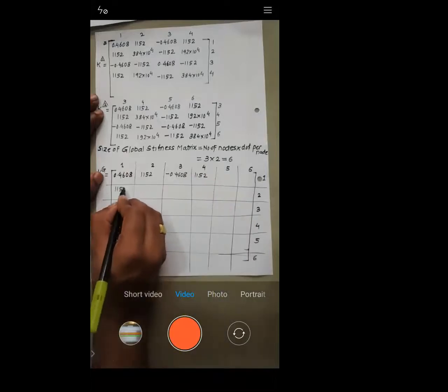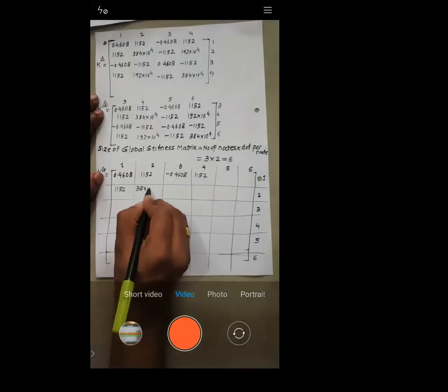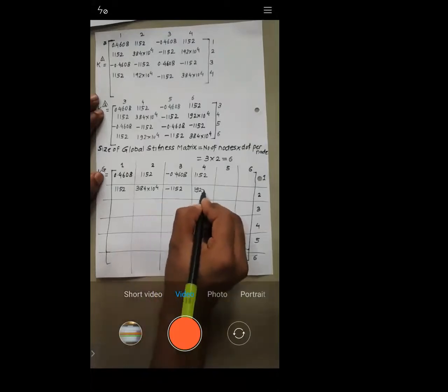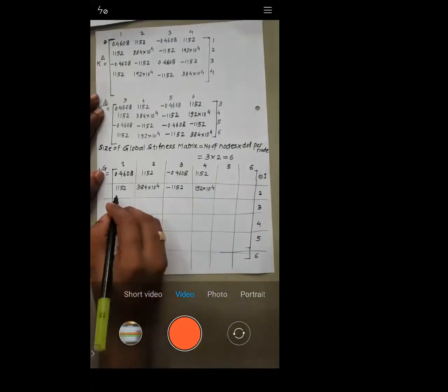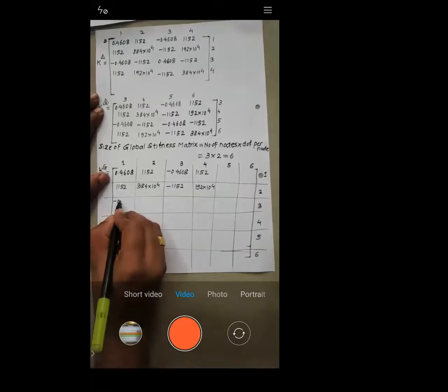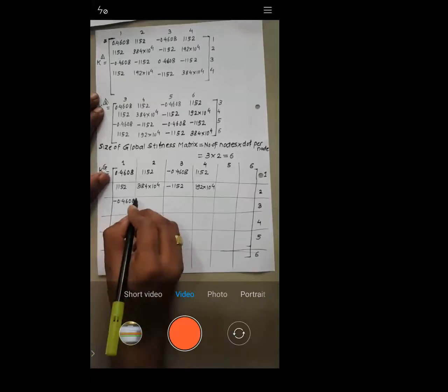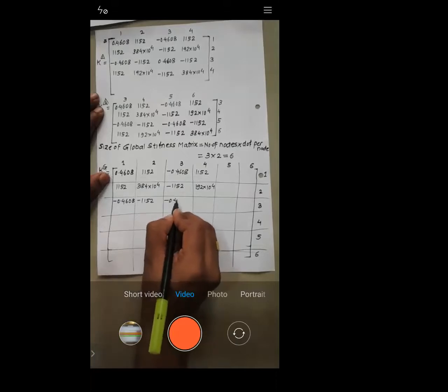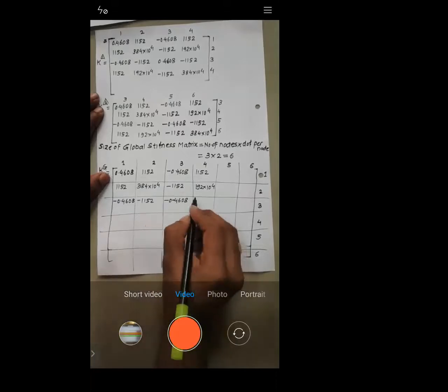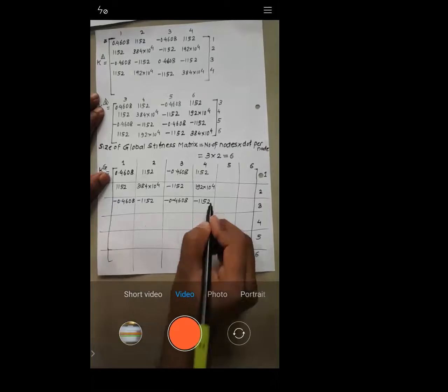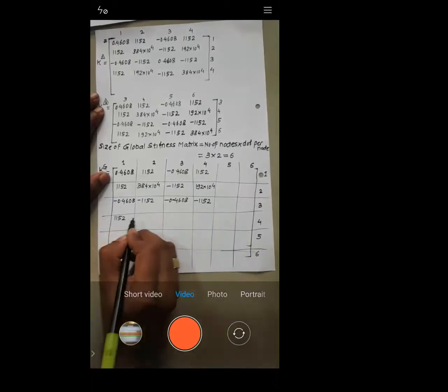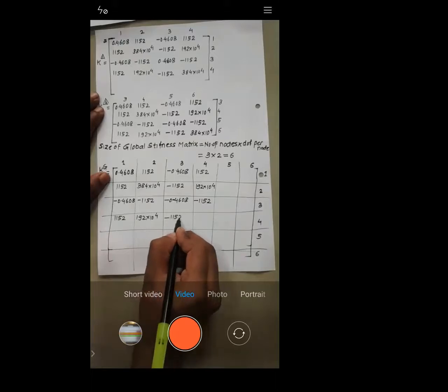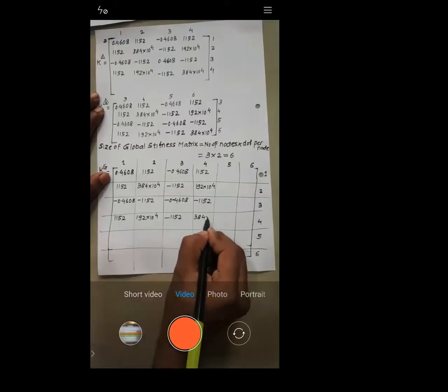Again here 1152, 384 into 10 raised to power 4, minus 1152, 192 into 10 raised to power 4, then minus 0.4608, minus 1152, then 1152, 192 into 10 raised to power 4, minus 1152, 384 into 10 raised to power 4.